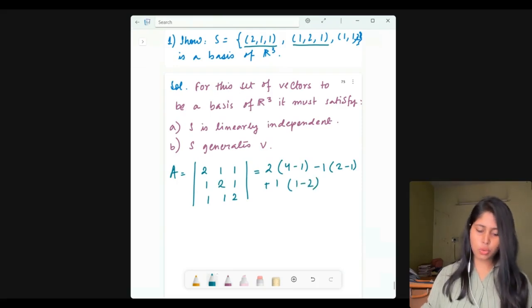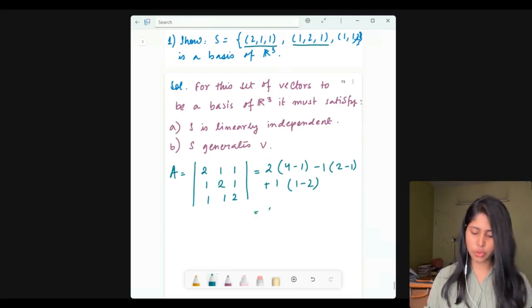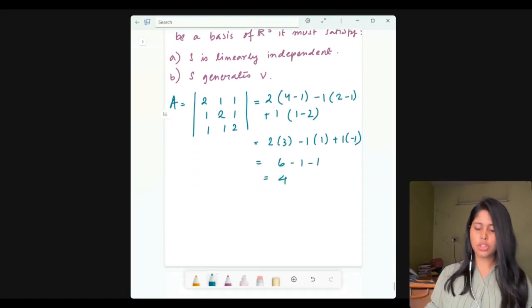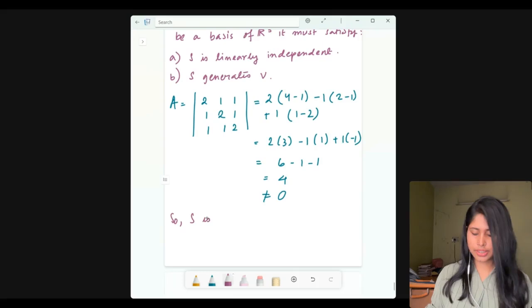So 2 into 3 minus 1 into 1 plus 1 into minus 1. Basically 6 minus 1 minus 1, which is 4. And 4 is not equal to 0. So we can say that S is linearly independent.